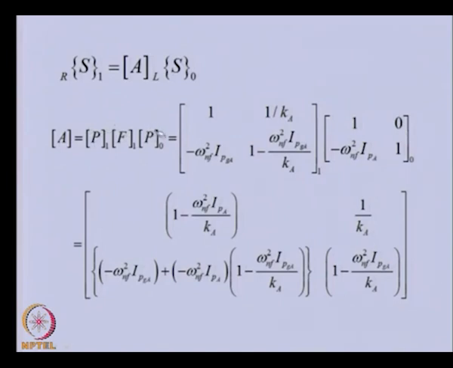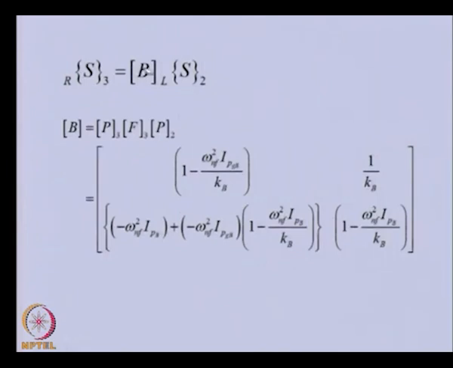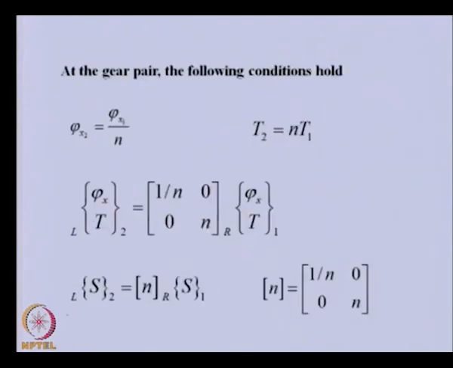In this particular case, you can see that if we multiply these, we will get this expression for branch A. And for the other shaft, similarly we can get the overall transfer matrix. Multiplication of this will give us this expression. At the gear location we have this angular displacement relation using the gear ratio, and even the torques are related like this, and these two can be combined like this.